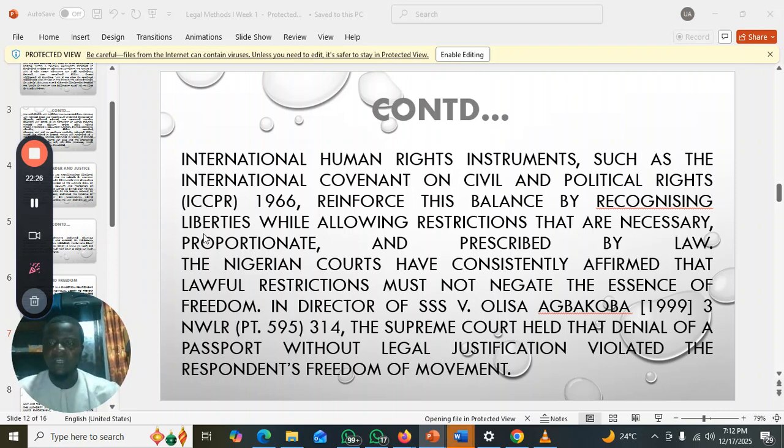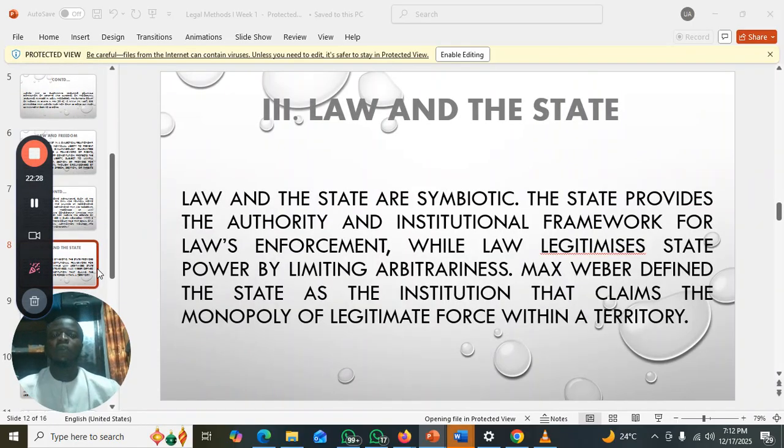Let's go to another important area, which is law and the state. What is law and what is the state? Just like I told you from the beginning of this course, the state means country. And law is a set of rules and regulations which are created and enforced in a society. So how do we have a connection between law and the state?